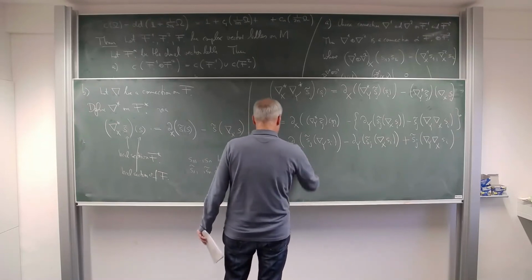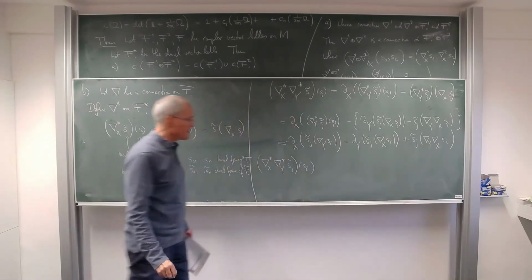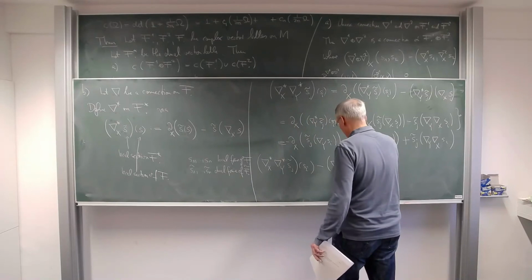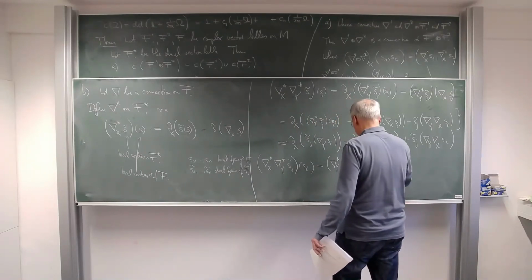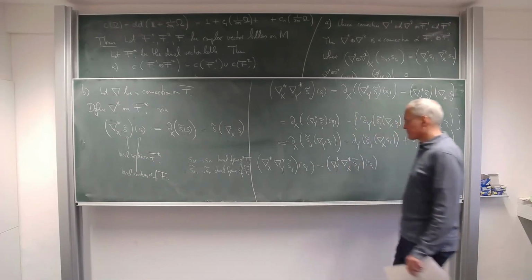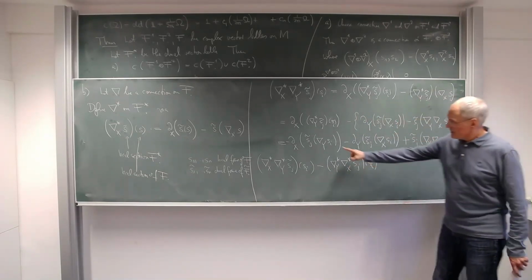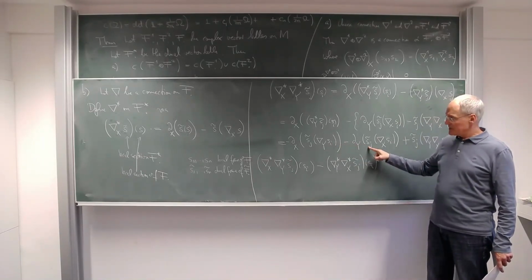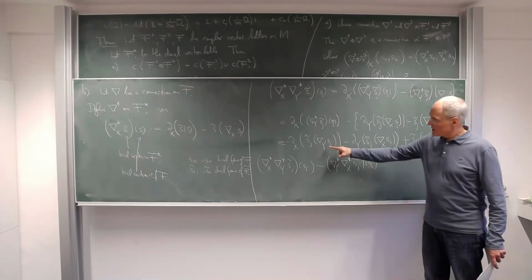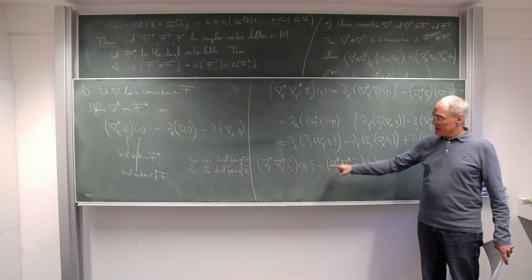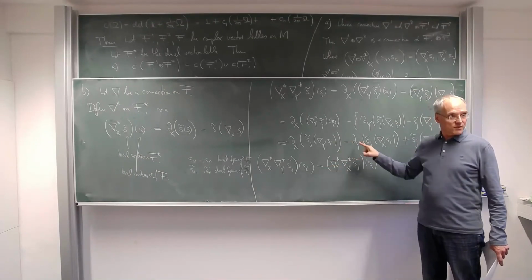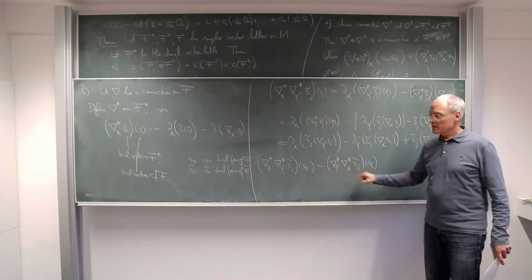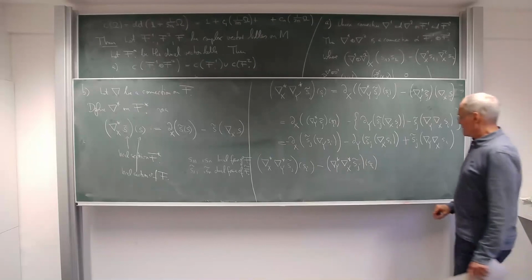If I subtract the opposite thing, interchanging X and Y, the terms with the derivative of Sj tilde applied to Si and X and Y interchanged appear in both cases, in the first with a negative sign and in the second with a positive sign, so these two terms cancel when I take this difference. And so only this part survives.